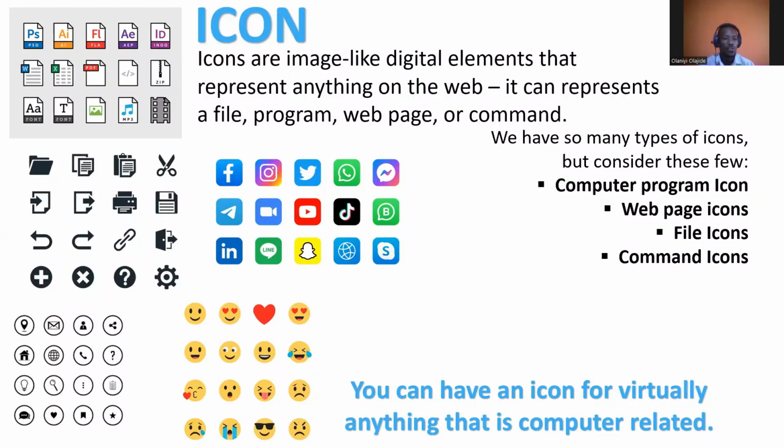Then we have this email icon, which means if you click on it on a web page, you want to send information or a message to the website owner. Then we have the user icon and the share button icon. If you want to make a call to the organization, you know that this is a call button icon. All these icons are used on a web page, so that's why we call them web page icons.